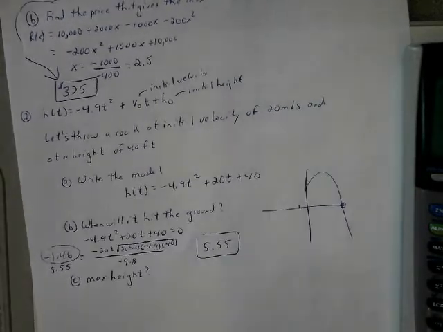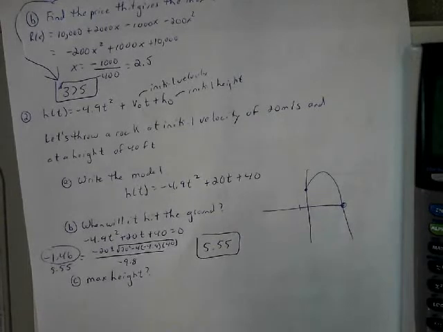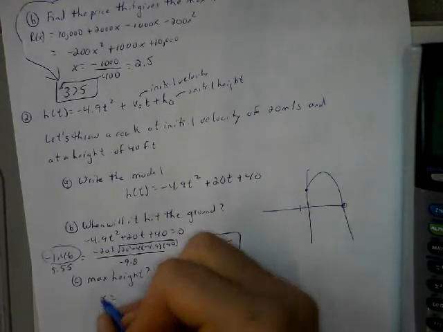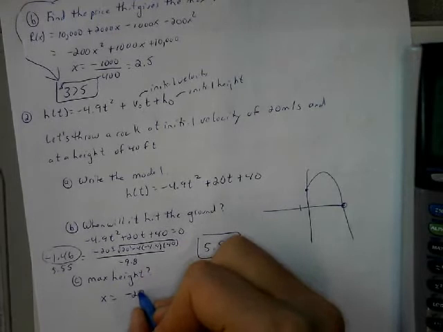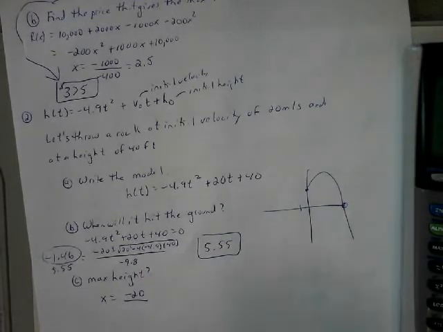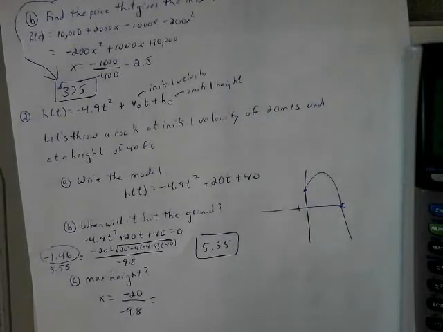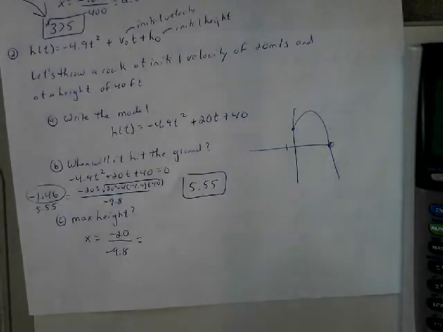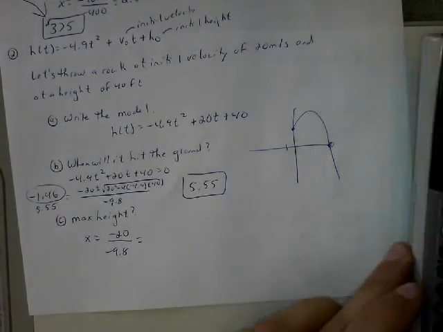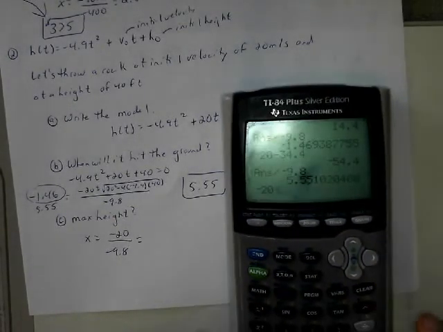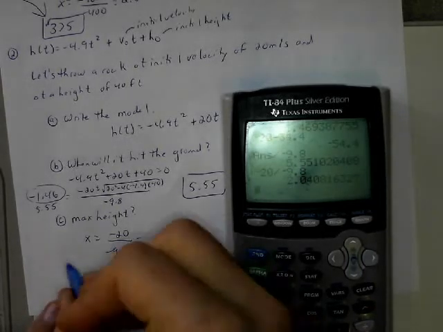The max height, again, is just a vertex. So x equals negative b, negative 20, over 2a. You can see on the graph, this should be a positive number, and you can see by the formula that it is working out to be positive. So negative 20 divided by negative 9.8 to get 2.04.